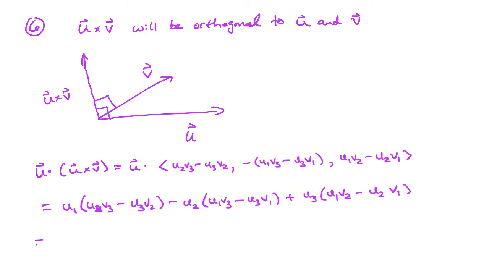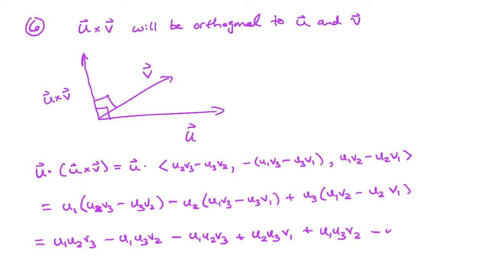Well, if we go ahead and distribute all of those, we have u1 u2 v3 minus u1 u3 v2. Then we have a minus u1 u2 v3, and then a plus u2 u3 v1. And finally, we have u1 u3 v2 minus u2 u3 v1.